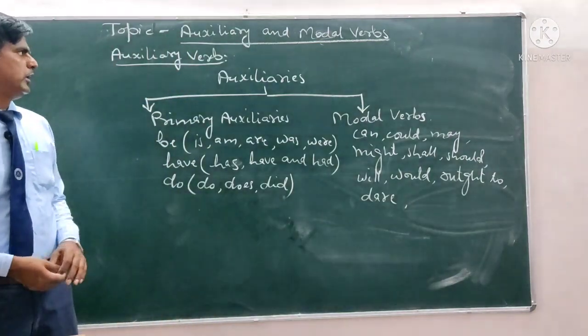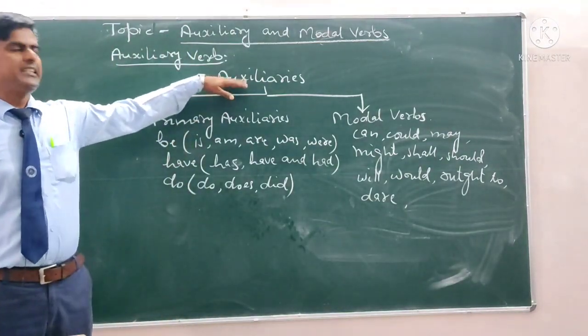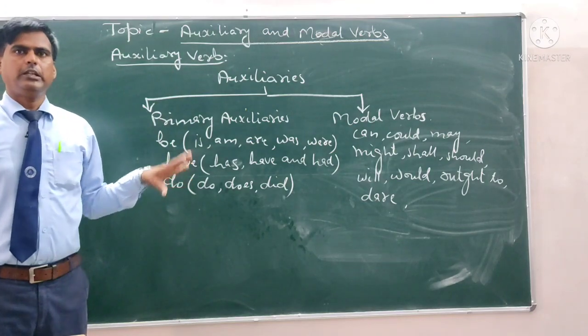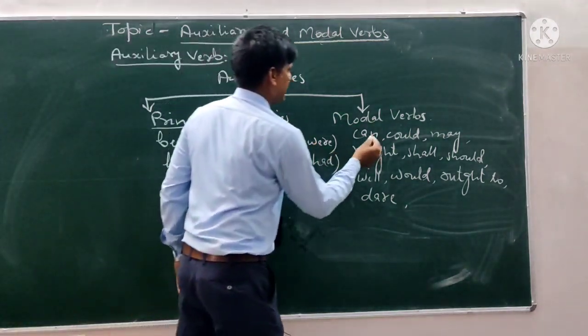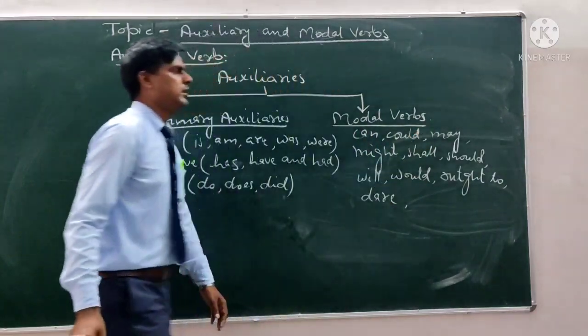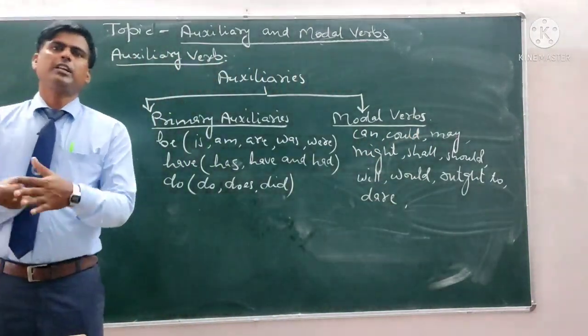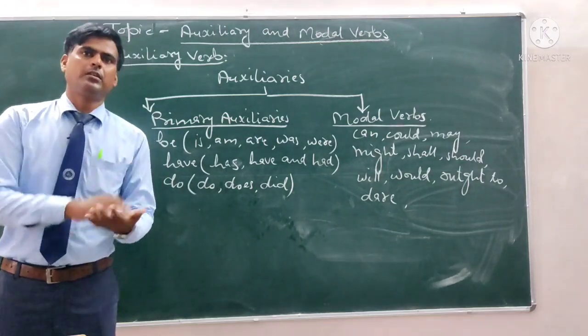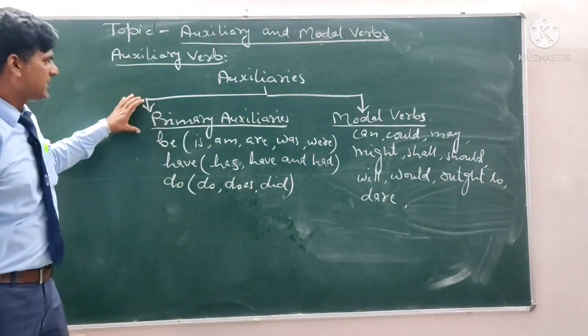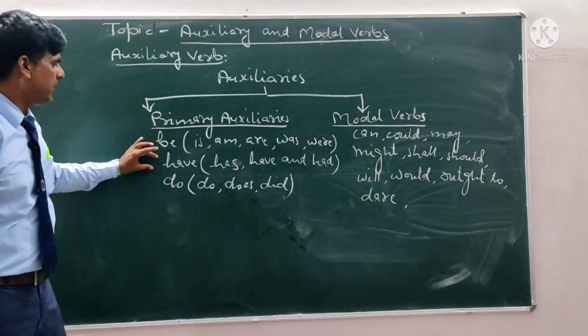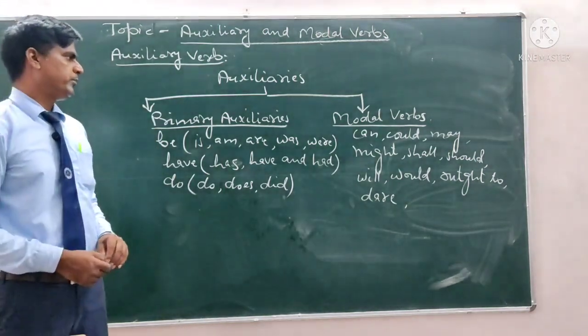So the auxiliaries can be divided into two kinds. Number one, primary auxiliaries. Number two, modal verbs or modal auxiliaries. Modal verbs are also called modal auxiliaries or modals. In primary auxiliaries we use verb be, verb have and verb do.